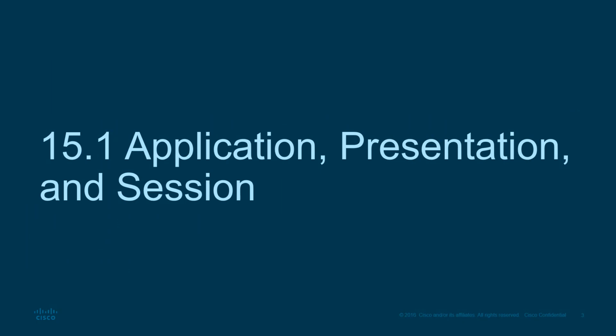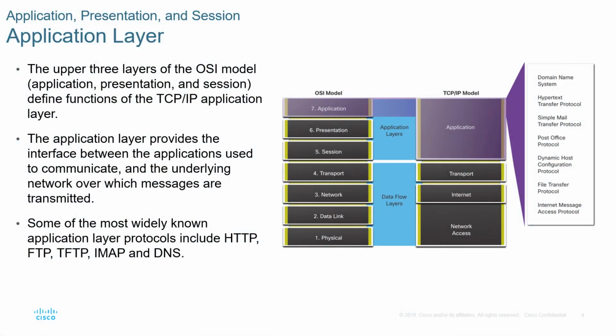Looking at layers 5, 6, and 7, they make up the application layer of the OSI. They also make up the single application layer of the TCP/IP model. The application layer provides basically the interface between the application that the user uses and the overall functionality of the lower layers, the data flow layers for that communication.